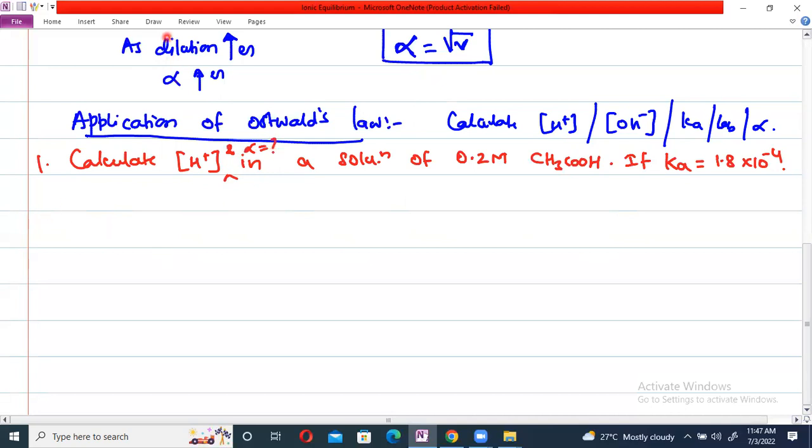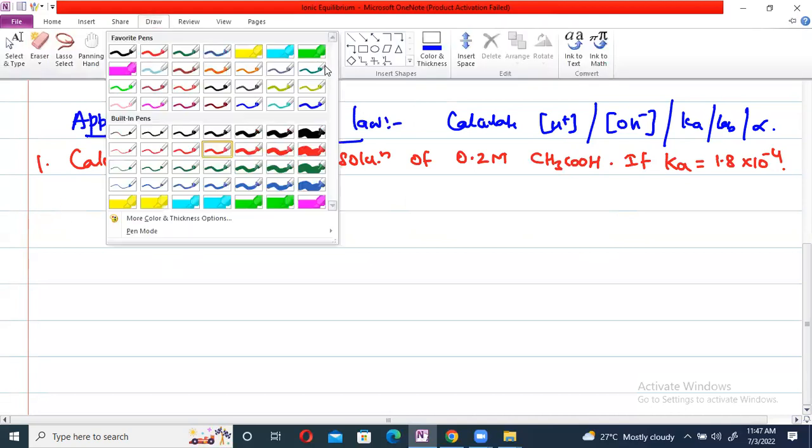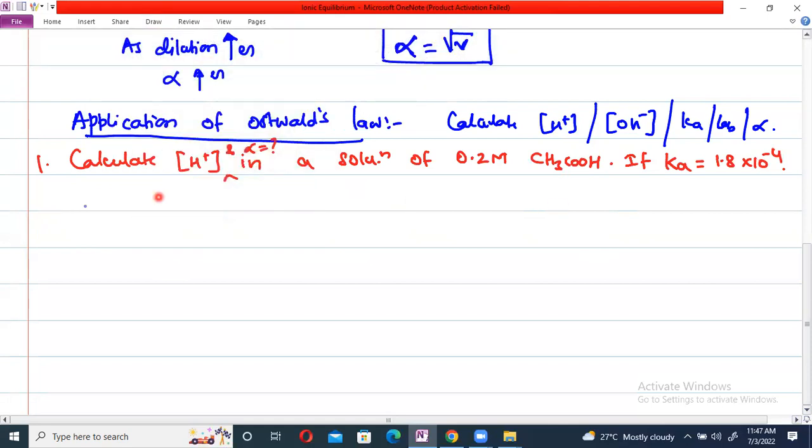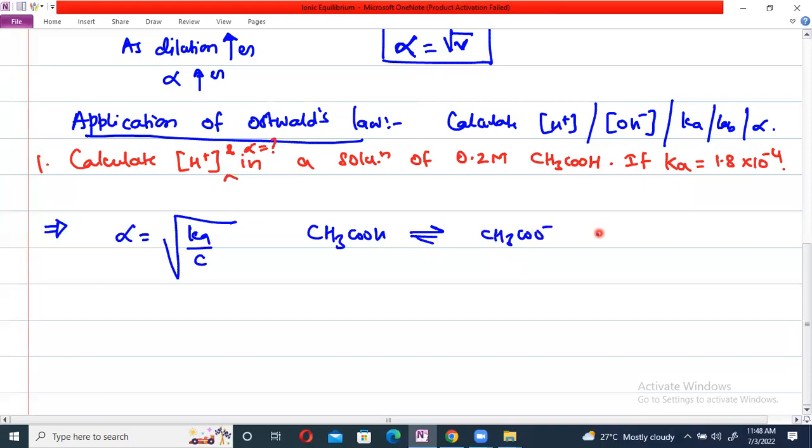So we have to calculate alpha as well as the concentration of H plus ion if K is given as 1.8 into 10 to the power of minus 4. As we know, alpha equal to under root of Ka by C, right? Now acetic acid, when it ionizes, gives acetate ion and H plus ion. Acetic acid is given as 0.2 molar initial.